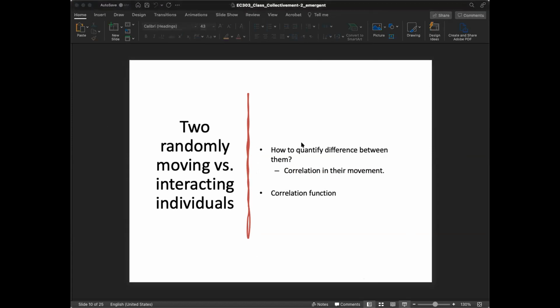There would be more correlation between interacting individuals. Yeah, absolutely. What kind of quantity will you measure for interactions? Direction. Exactly. If you look at the direction of two randomly moving individuals, what will be the correlation between their movement?